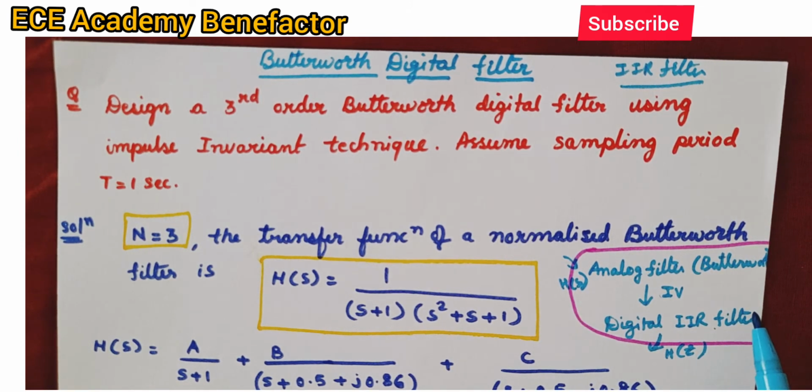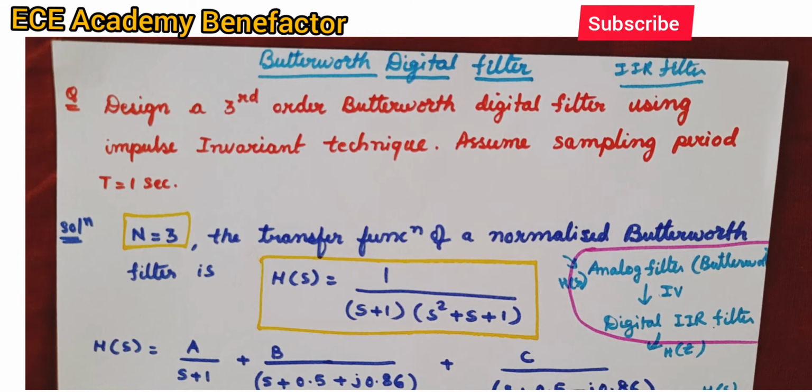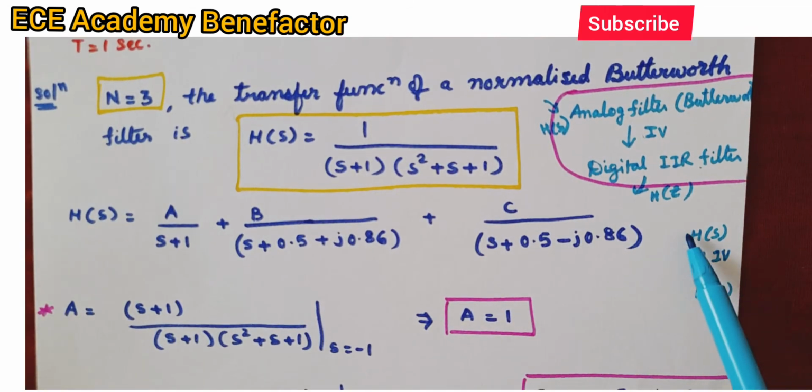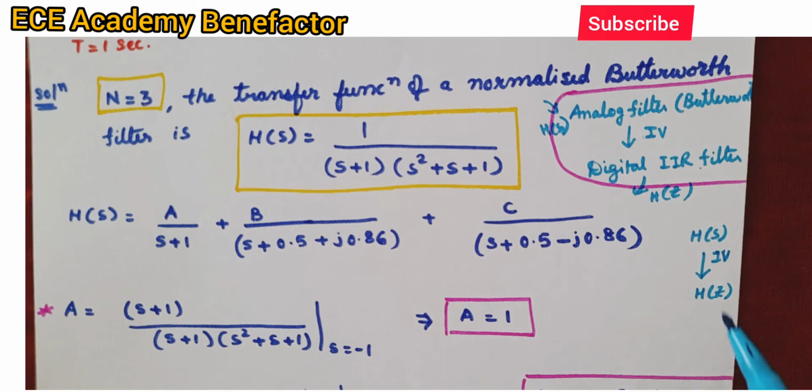So, design of IIR filter is an indirect method, because first we have to find the transfer function of an analog filter and then find the transfer function of the IIR filter. So, here the transformation technique to be used is impulse invariant. What is given to us in the question? The order is given.